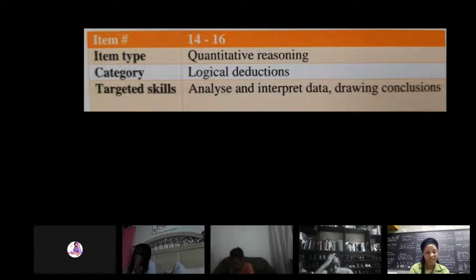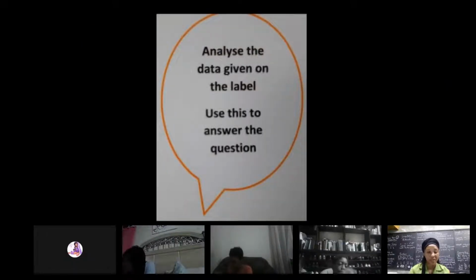The targeted skills that are hoped for the students to develop is to analyze and interpret data and to draw conclusions. And we are encouraged to analyze the data given on the label and use this to answer the questions.